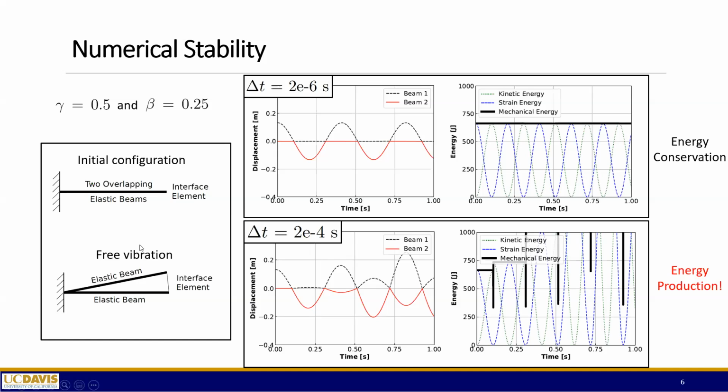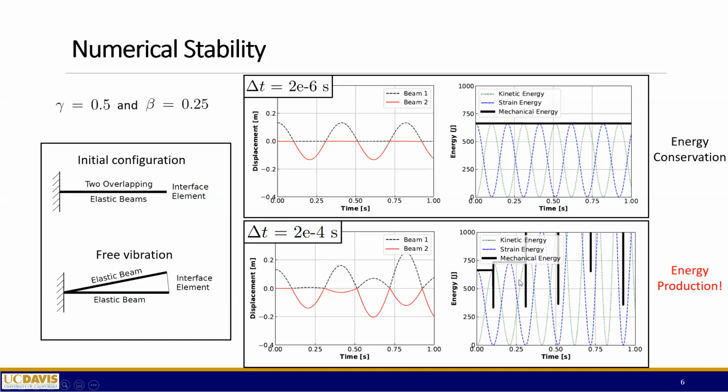Right. So then we go to the next one, where the time step size is 100 times larger than the small one. First we see the motion of the two beams. At the first cycle it makes sense, but once they start to interact with each other, which is where the interface elements come into play, numerical instability starts to kick in, and the motion of the beams starts to increase.